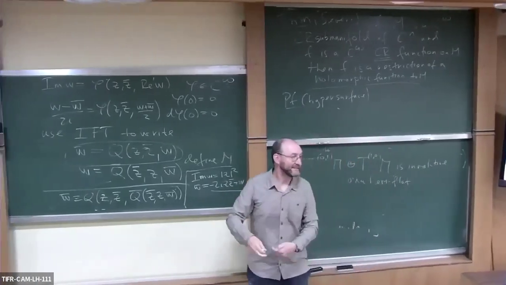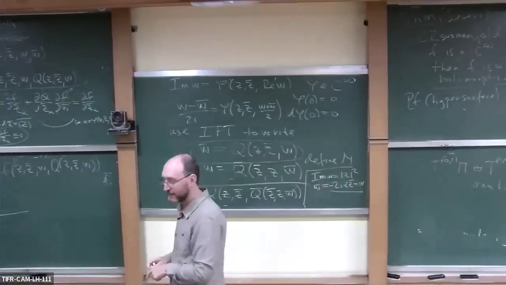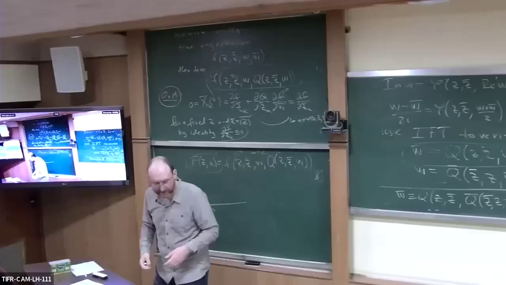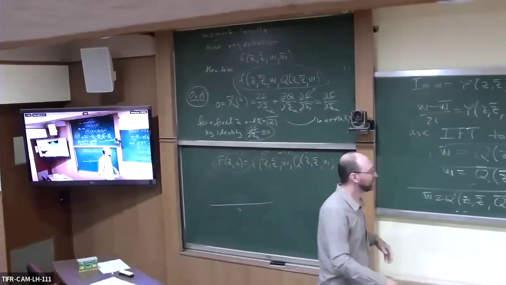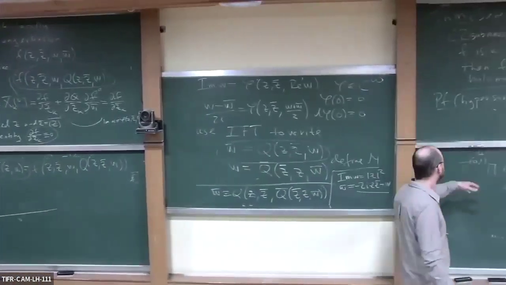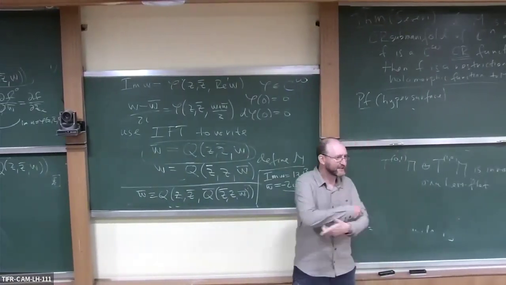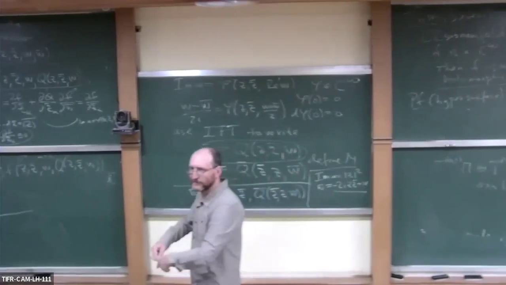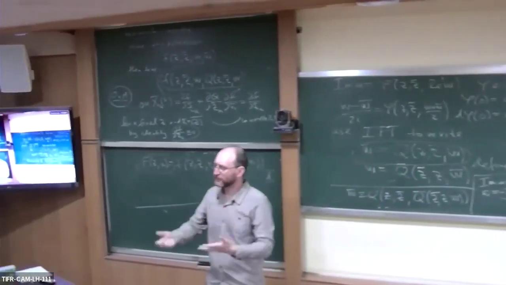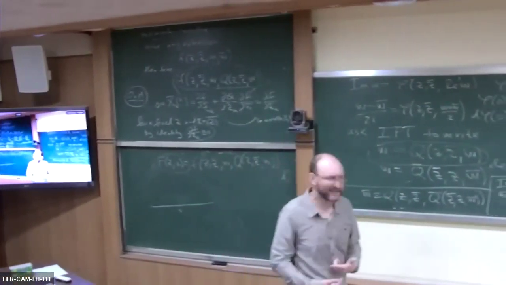One way to say that it's Levi-flat is an involutive distribution. It's complexified, but if you restrict back to the real tangent space, you're going to get an involutive distribution there.